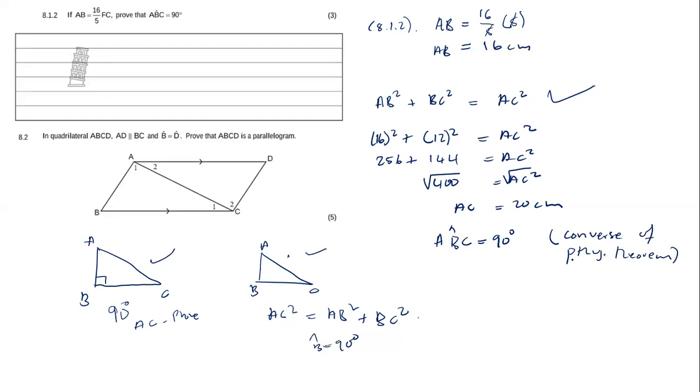This is what we did. We used the converse of Pythagoras theorem by determining that AC is indeed the hypotenuse. So if AC is the hypotenuse, we can simply say that we are now safe to say this angle is 90 degrees. This is what we actually did over there.